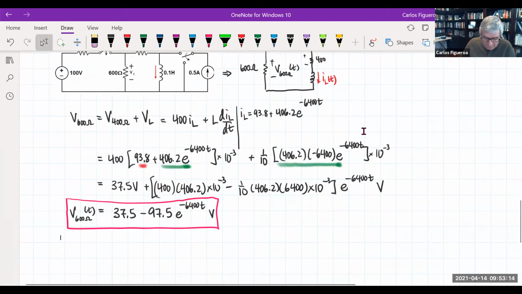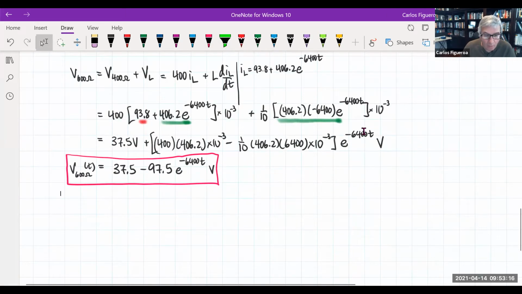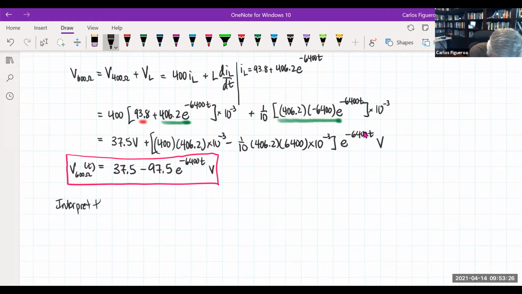So what I really need to do here, if I want to see if this makes sense, is interpret the 600 ohm voltage here. So now what we want to do here is that we really got to find three things.